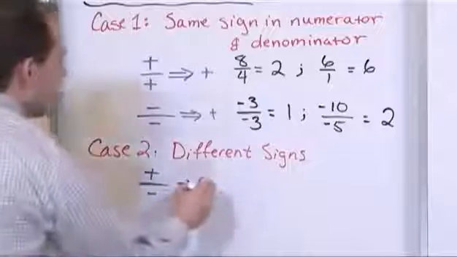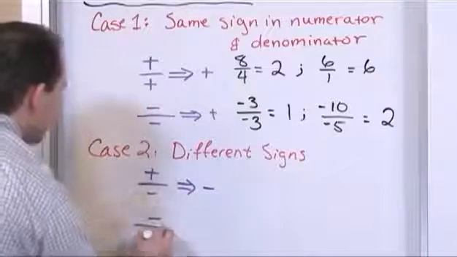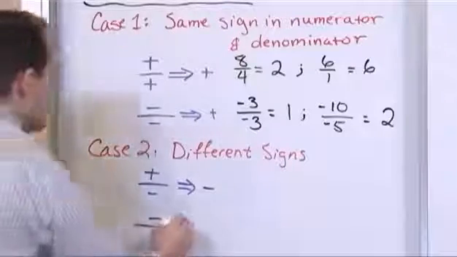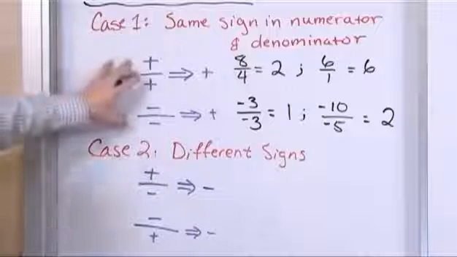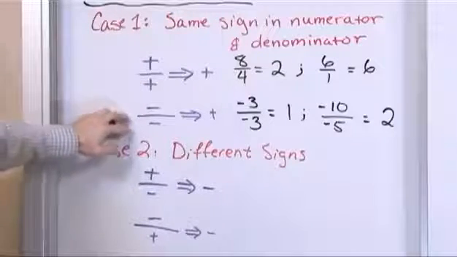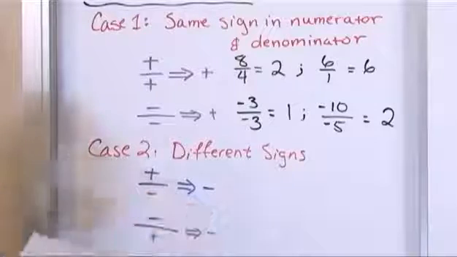So different signs, I'm going to get a negative answer. And the same sort of thing here. If I had a negative divided by a positive number, I'll have a negative answer. So anytime the signs are the same, I'm going to get a positive answer. Anytime the signs are different, I'm going to get a negative answer.